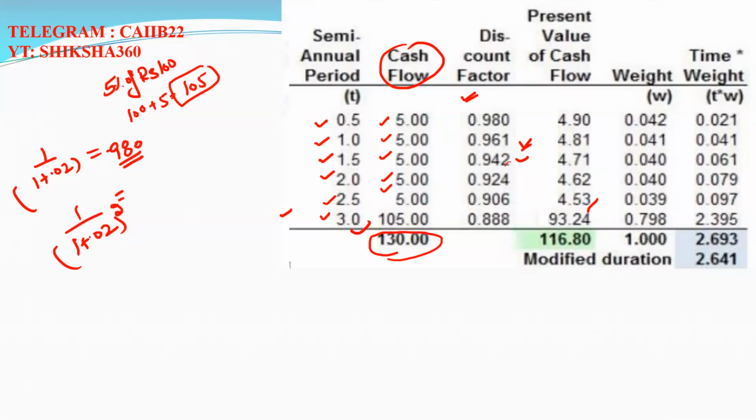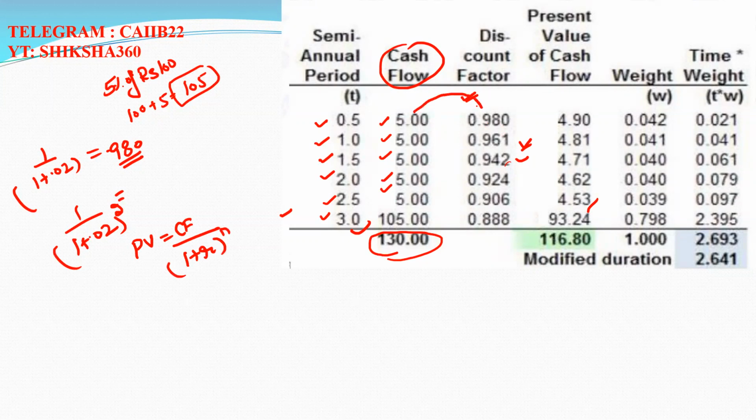Next, how can we calculate the present value here? I think all of you are aware that present value is equal to cash flow upon 1 plus r, and this is the factor given.